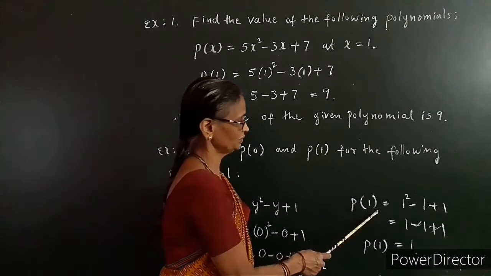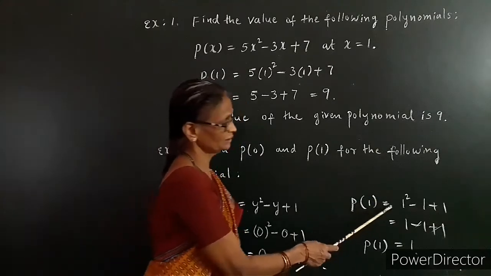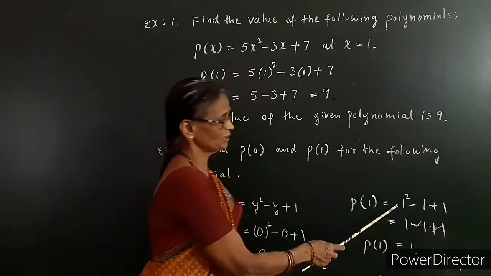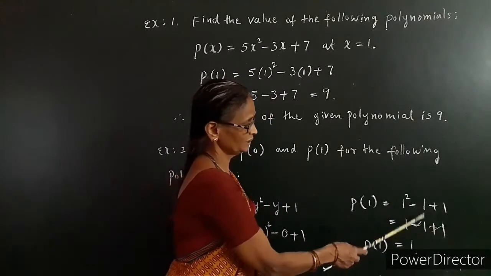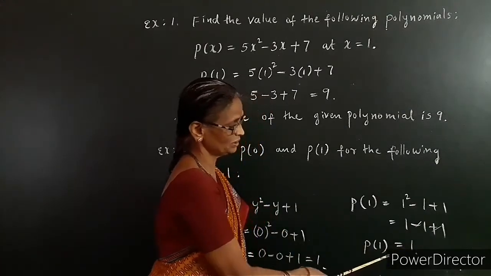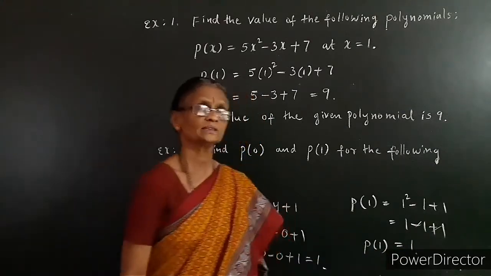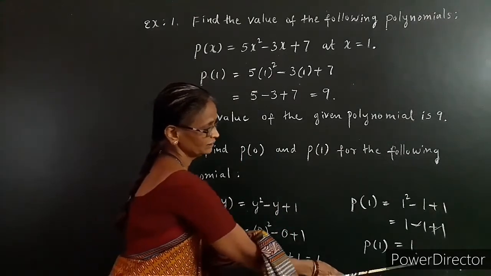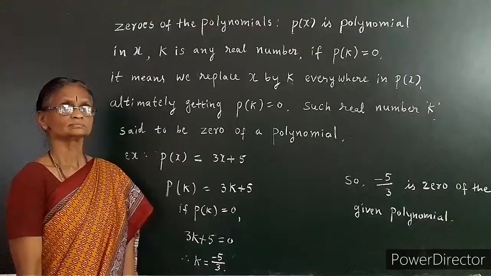Then p of 1, we replace y by 1, equal to 1 square minus 1 plus 1. 1 square value is 1, minus 1 plus 1, the minus 1 and plus 1 get cancelled, so p of 1 equal to 1. The value of p of 0 is 1 and p of 1 also is 1.